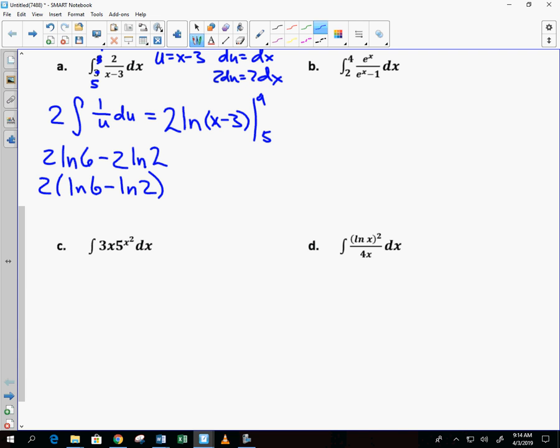Does anybody out there remember what I do when I'm subtracting logarithmic expressions? I divide them. It's 2 times the natural log of 6 divided by 2. 6, yep, 2 natural log of 3. You could write it like that, or you could write it as natural log of 9.